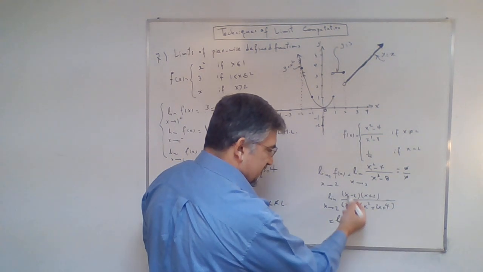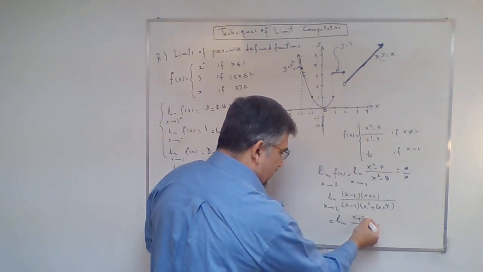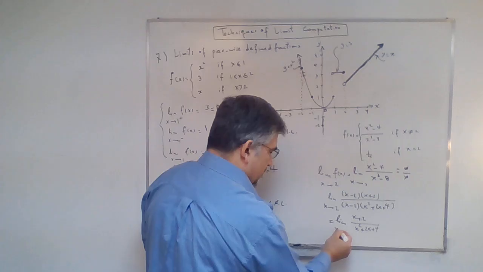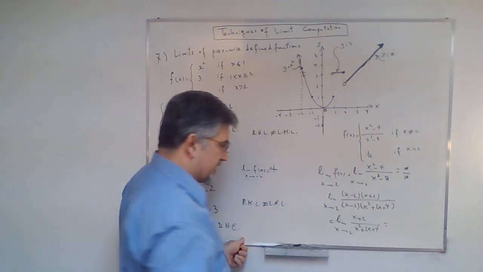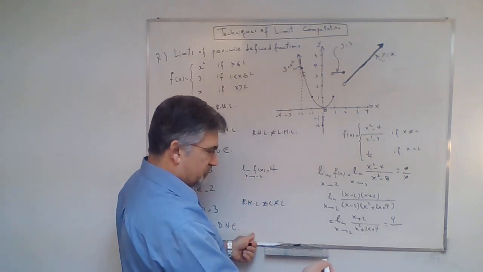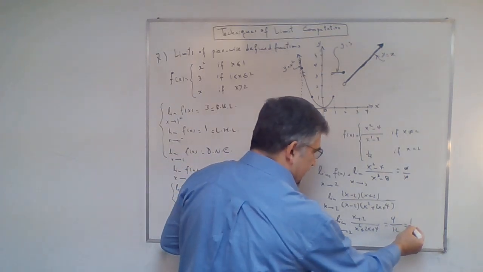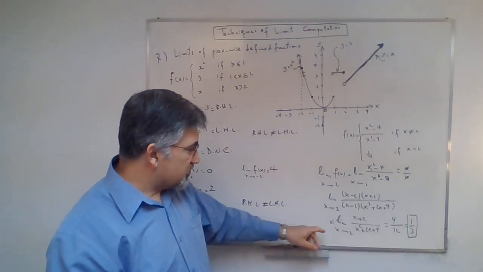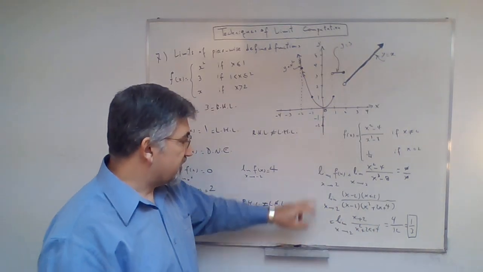When you cancel out x minus 2 from top to bottom, you get x plus 2 over x squared plus 2x plus 4, x approaches 2, and now the numerator approaches 4, I believe. The denominator approaches 12, and that means 1/3 is the answer. So the limit of the function is 1/3 if x approaches 2.